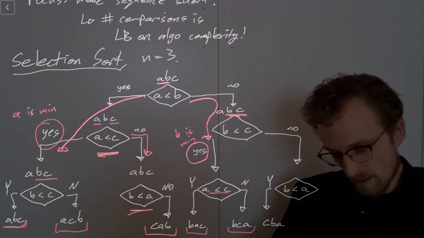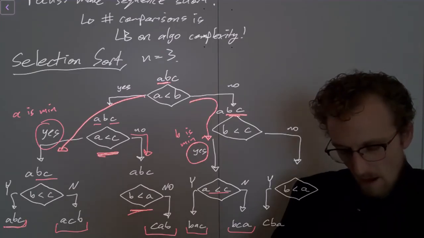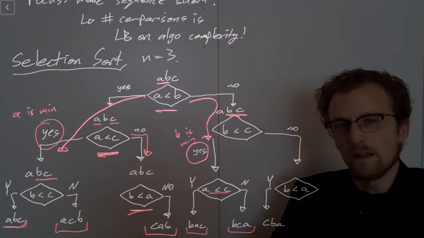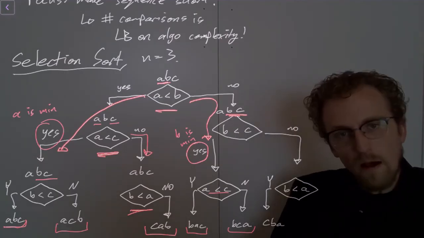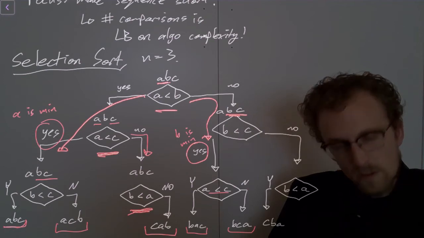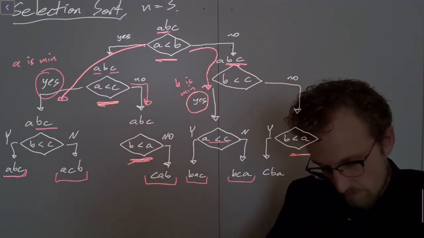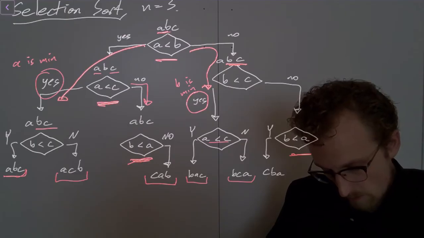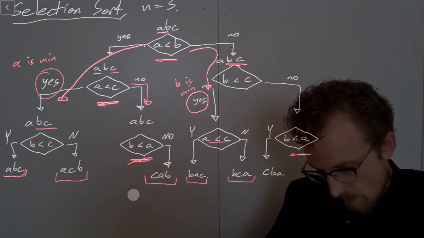Selection sort says, well, I just have to verify that B is less than A. But it already compared B and A, right? It already knows a ranking between B and A. So there's only one possible output of this decision, which means it's a wasted decision. And we get exactly the same thing here, right? So these two, let's draw an arrow. These two are wasted comparisons.